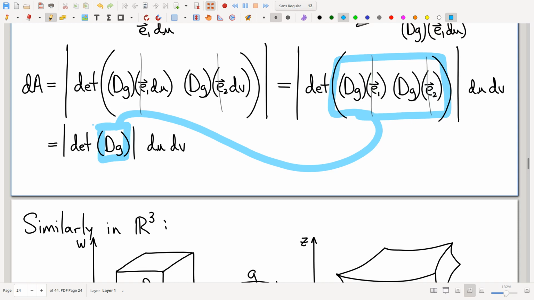Analogously, the second column of this big matrix, looking at the formula for it, by analogous argument, is going to give me the second column of dg. So this matrix and the dg matrix have the same columns. And if these two matrices have the same columns, then they are the same matrix. So it's a nice little tricky argument. It's all linear algebra.